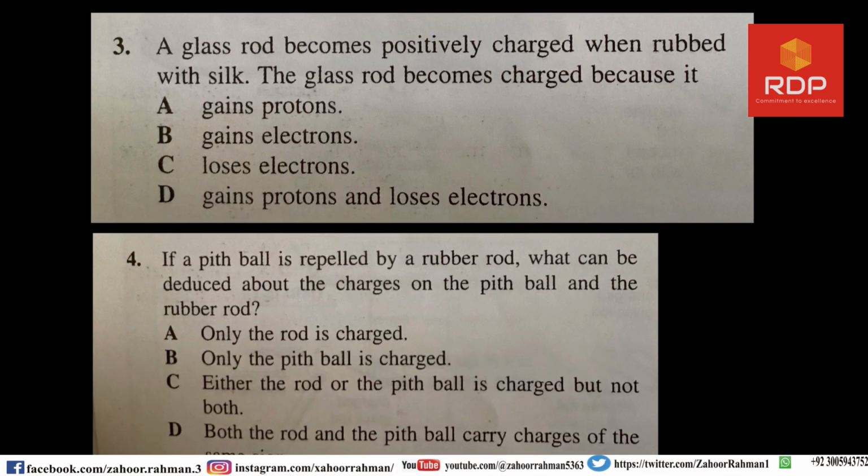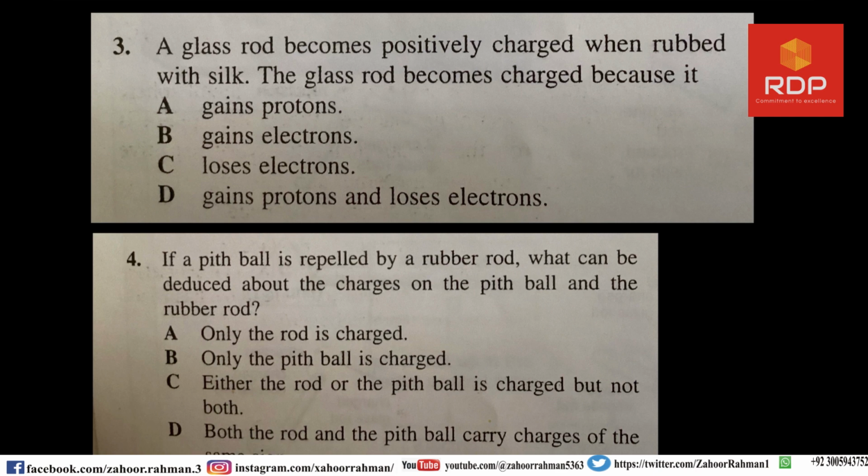Now the third question is saying a glass rod becomes positively charged when rubbed with silk. Remember this. When we are rubbing the glass rod with the silk cloth, the glass rod is becoming positively charged while the silk cloth is negatively charged.